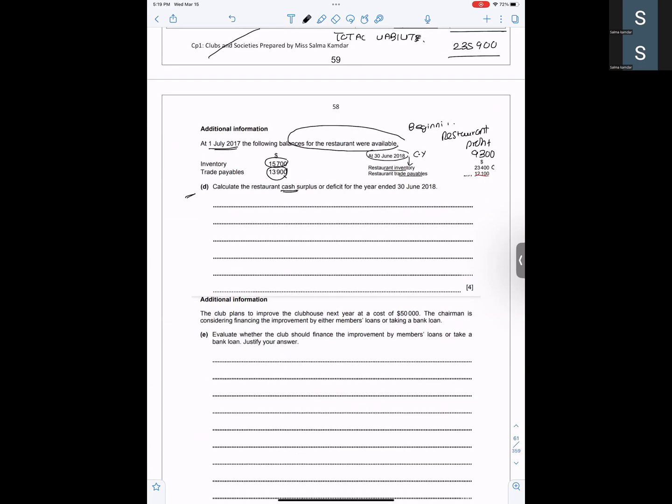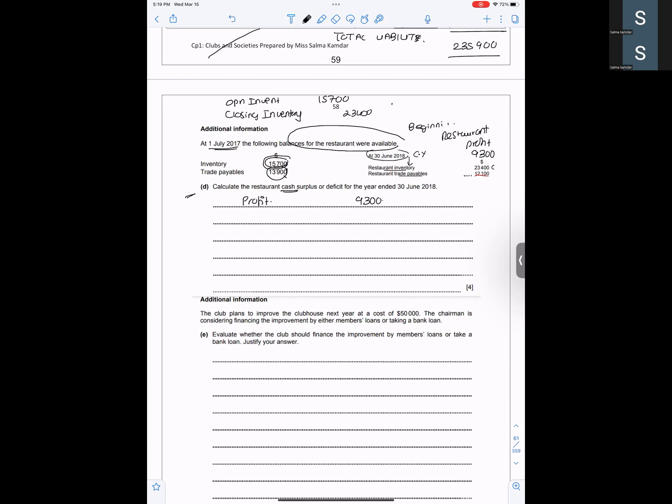How will I calculate restaurant cash surplus or cash deficit? Let's say the profit that I have of the restaurant is 9,300. My opening inventory was 15,700 and my closing inventory was 23,400.